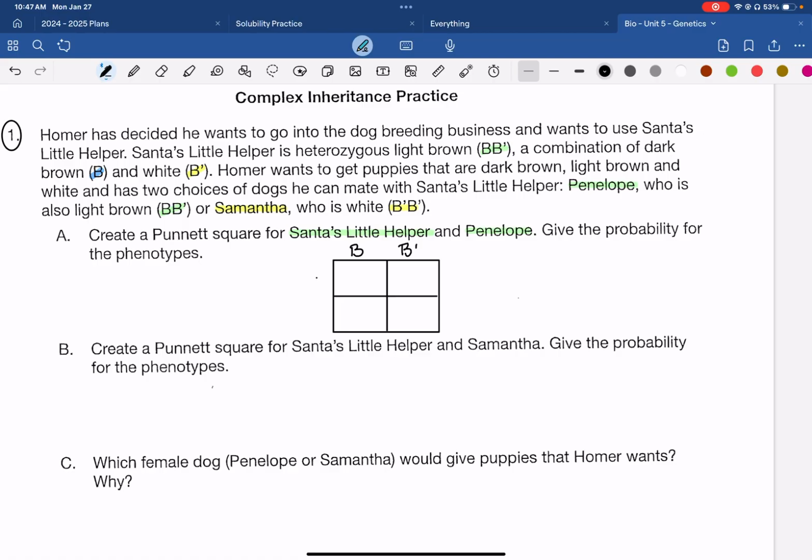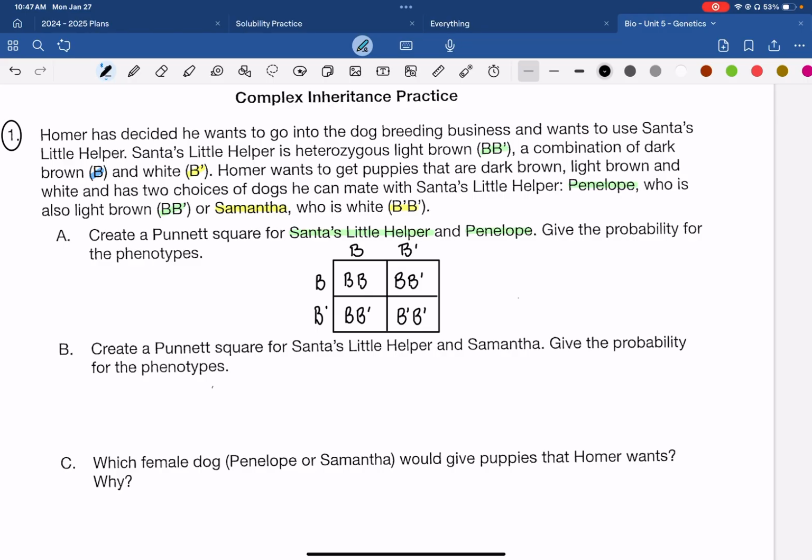Penelope is also light brown, so she'll be B and B prime. Let's do our cross: B, B; B, B prime; B, B prime; and B prime, B prime.